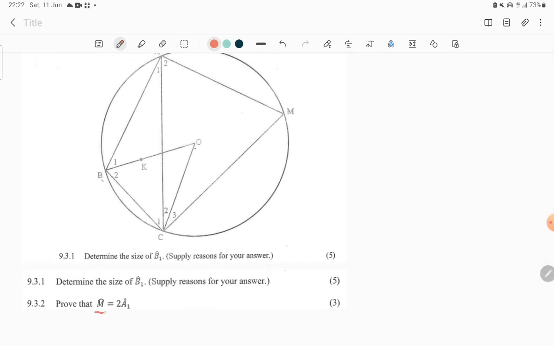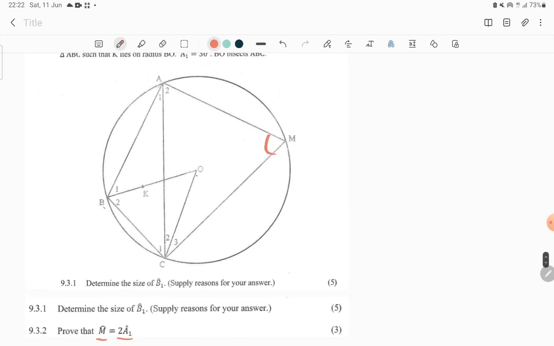prove that M, which is this angle, is 2 times A1. For this one, we just need to remember that we have a cyclic quadrilateral like that. In a cyclic quadrilateral the opposite angles are supplementary.